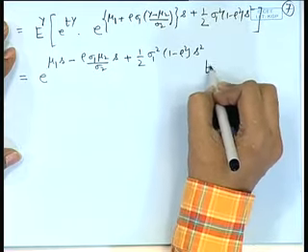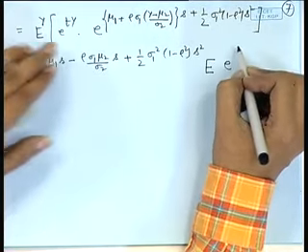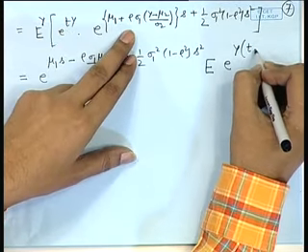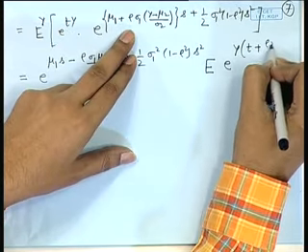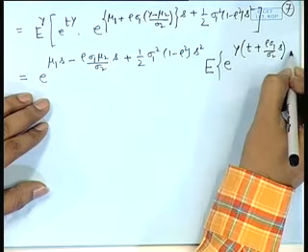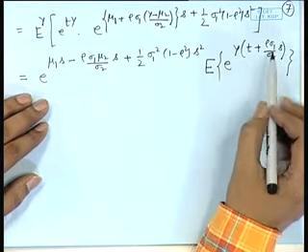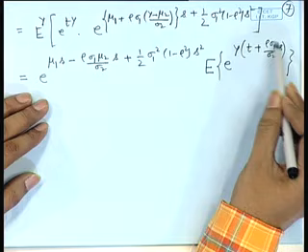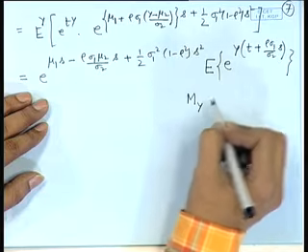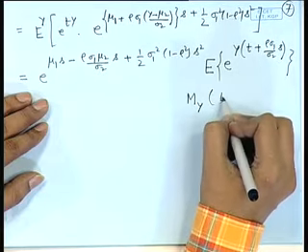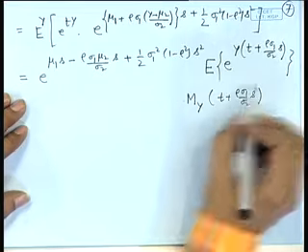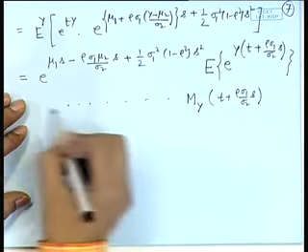We have expectation of e to the power y (t plus rho sigma 1 by sigma 2 s). So, we notice here that this is nothing but the moment generating function of y at the point t plus rho sigma 1 by sigma 2 s. So, this term is there.